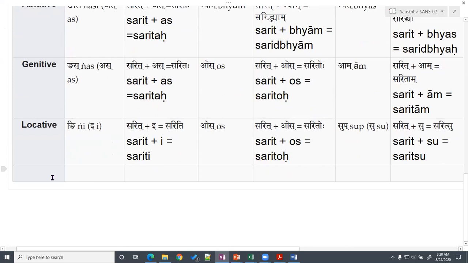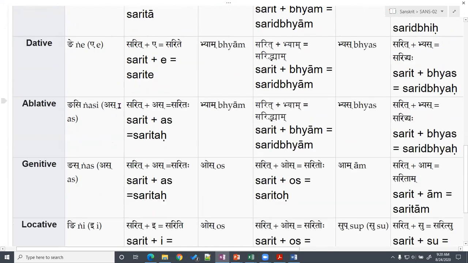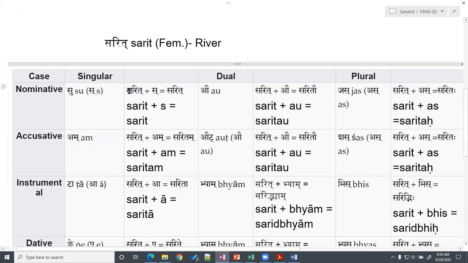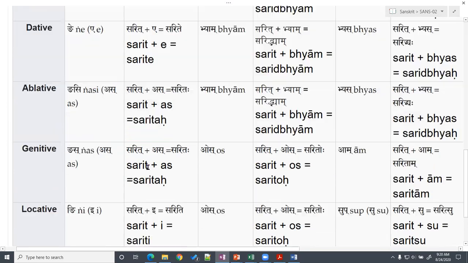The vocative case: Panini, as I told you, doesn't define it separately. He just says the first case is the same as the vocative case. In some cases the singular changes. So the vocative remains the same in this case, no change.